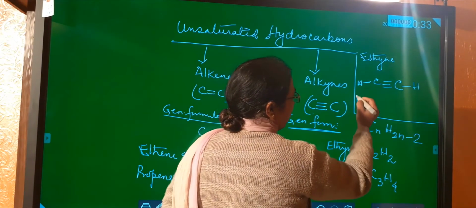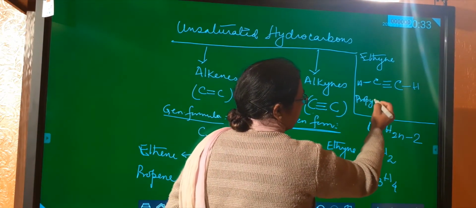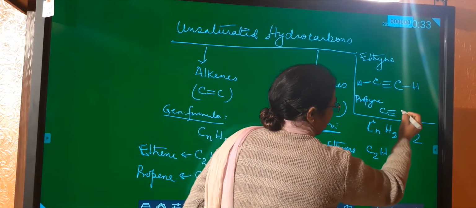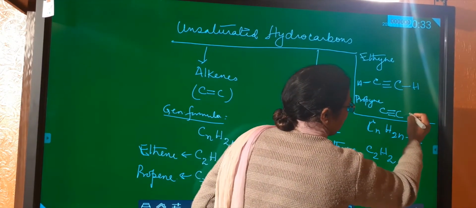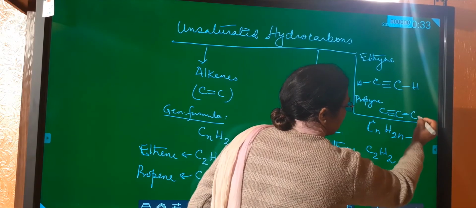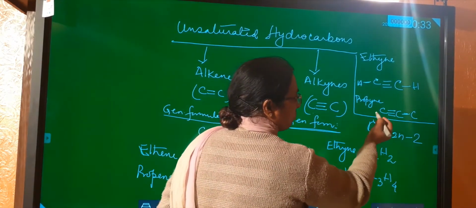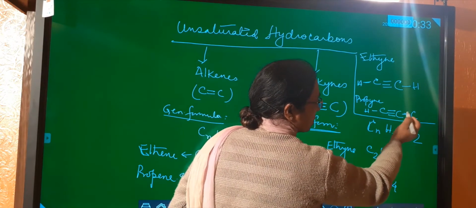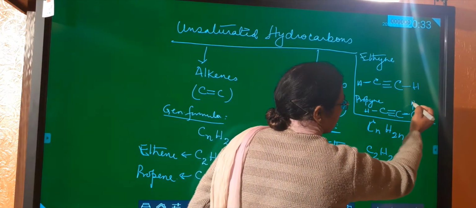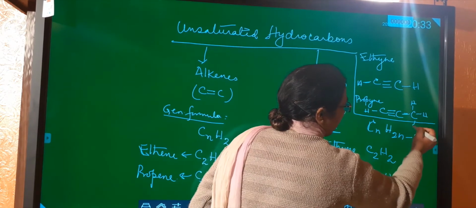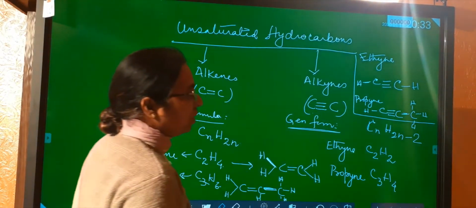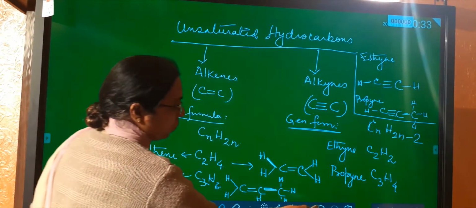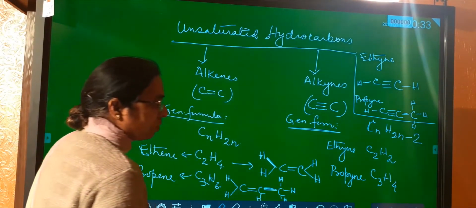Similarly, propyne: C≡C triple bond, and then another C with a single bond, and then comply with the tetravalency of carbon. This already has 4 completed, so there will be 1, 2 and 3 hydrogen over here. So this is C3H4, which is known as propyne.